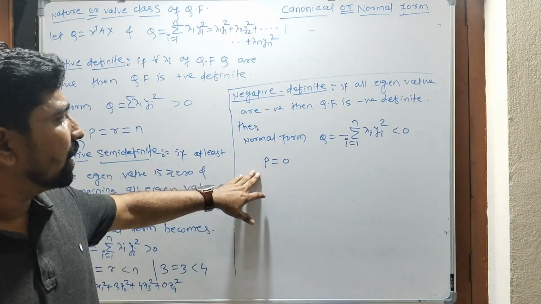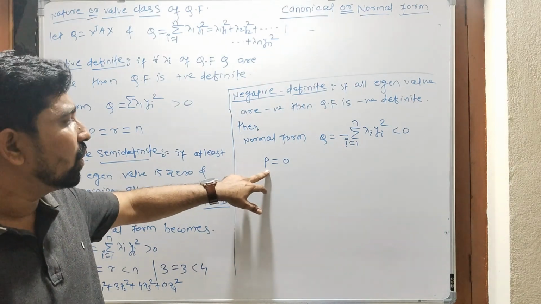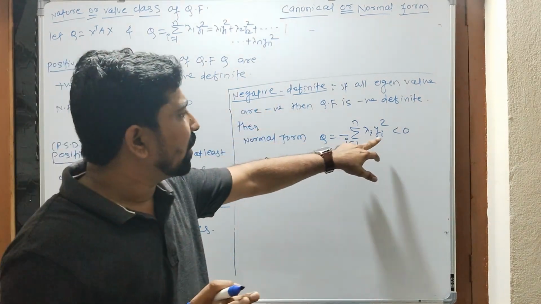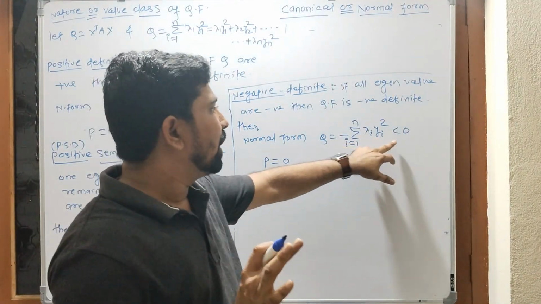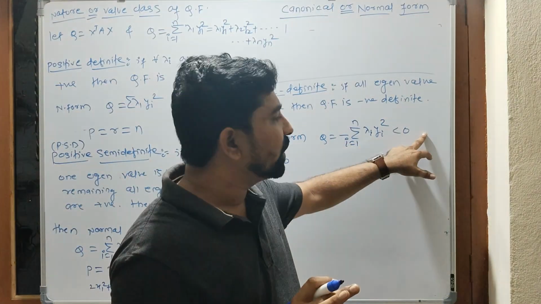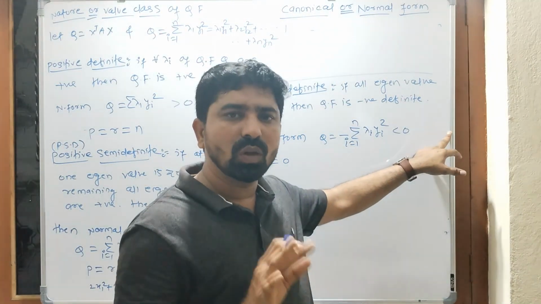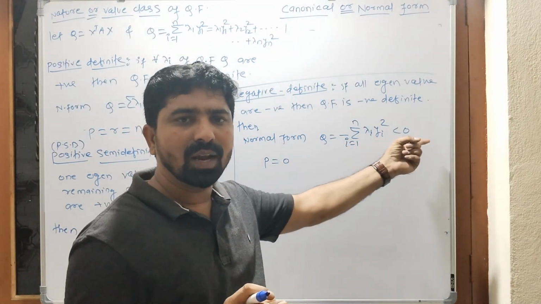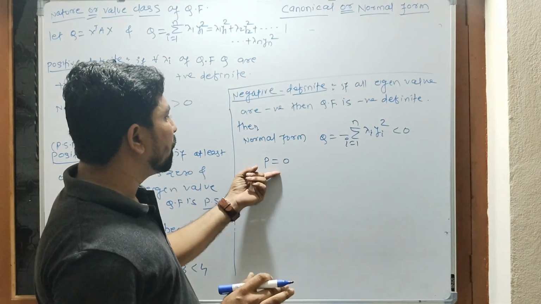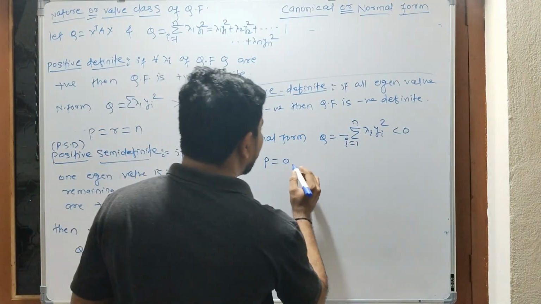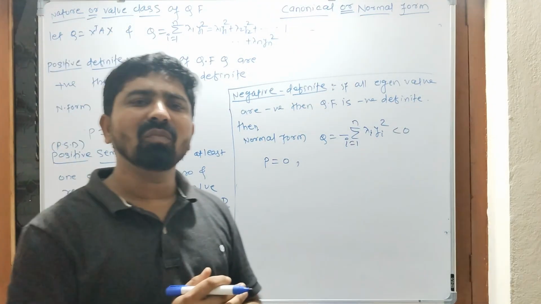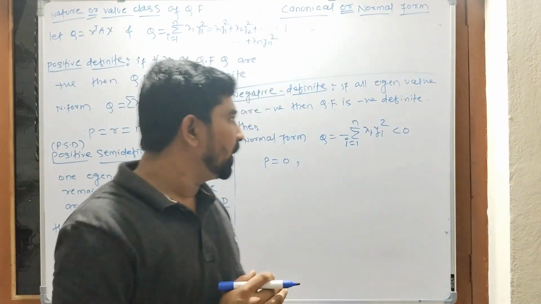Here p is the number of positive eigenvalues, or we can say p is the number of positive terms. Here lambda 1 y1 square is a negative term, lambda 2 y2 square is a negative term. In this way lambda n yn square is also a negative term. This means that lambda 1 is negative, lambda 2 is negative, and lambda n is negative. So here p is 0, and r is the number of non-zero eigenvalues.